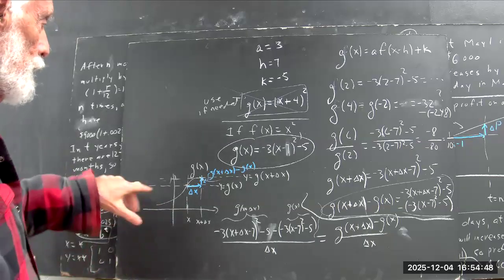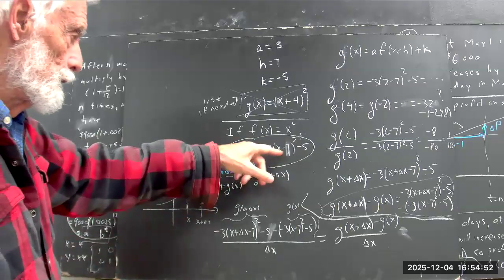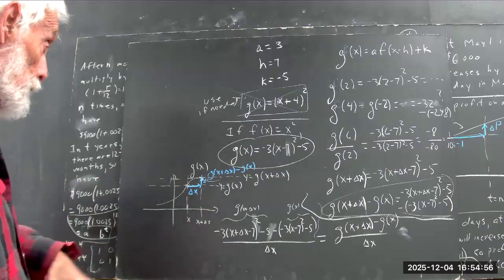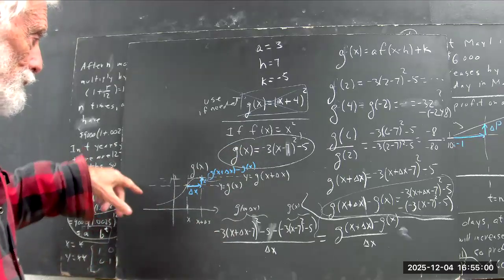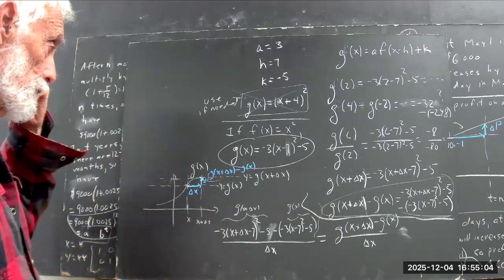Just to demonstrate, take any old function g of x. Now it's not this function, because this function would be a parabola opening downward, I'm sorry, it's got a negative here. So your function is not going to look anything like this thing that I sketched here.